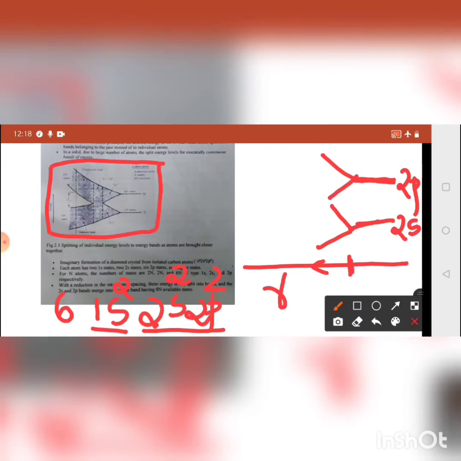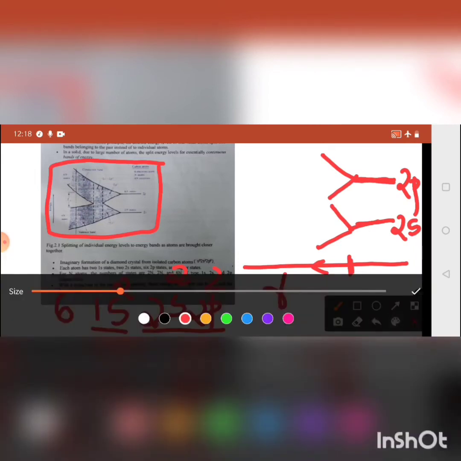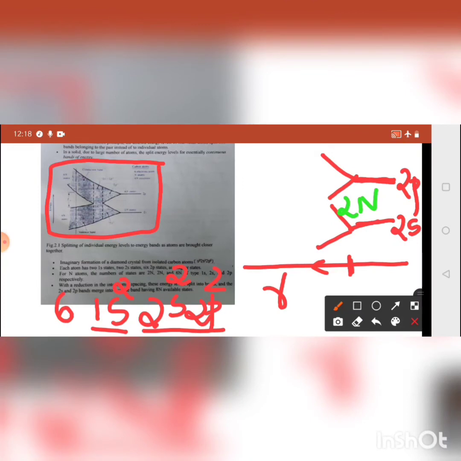If we are speaking about many atoms, we can say in the 2s orbital we have 2N electrons, and in 2p it can occupy up to 6N electrons. But for carbon we have only 2 electrons in an atom. So it will split and merge together.